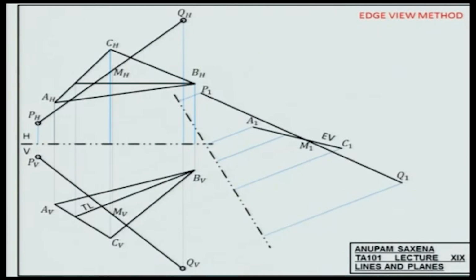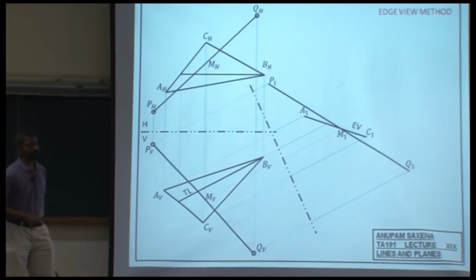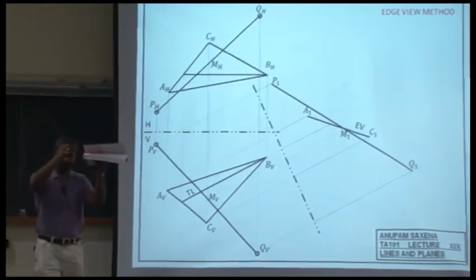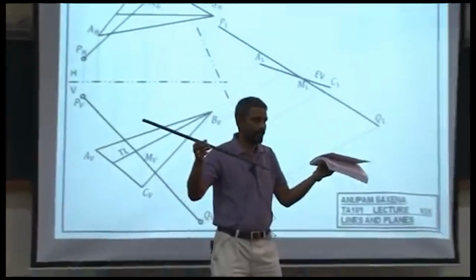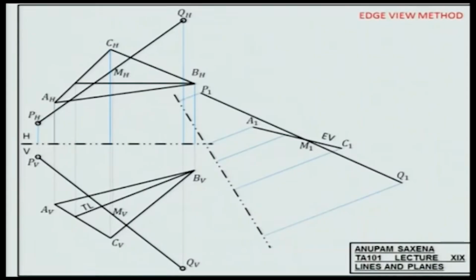So the line and the plane, they would intersect in this case as well, okay. When they intersect, what does that mean? A part of the line is going to be below the plane and the other part of the line is going to be above the plane, right. Now you got the point of intersections, okay.